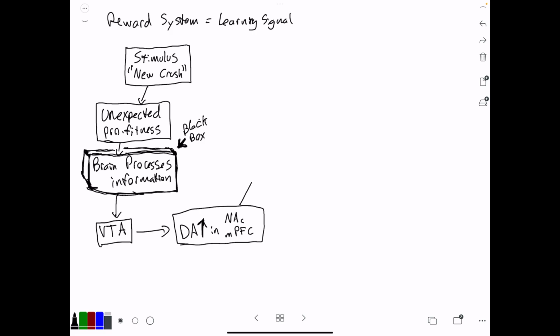And so what the dopamine does is it causes remodeling. And how does it do that? Well, we had a number of videos about that. It does that through neuromodulation of various kinds.